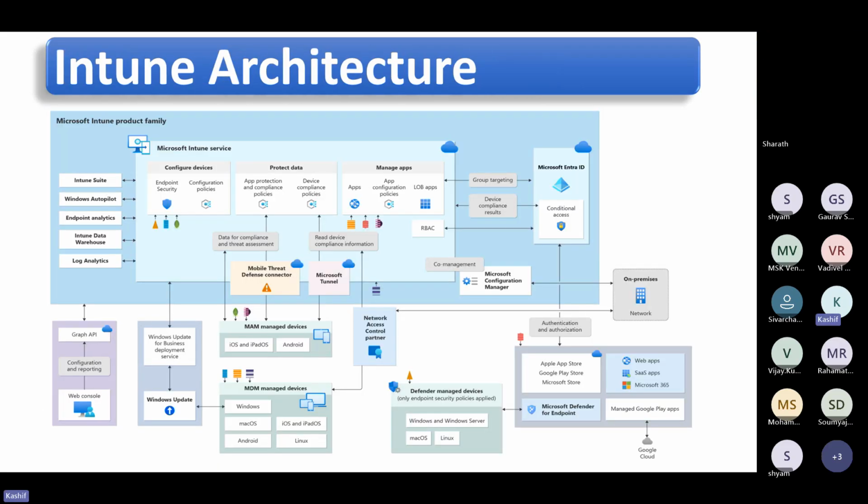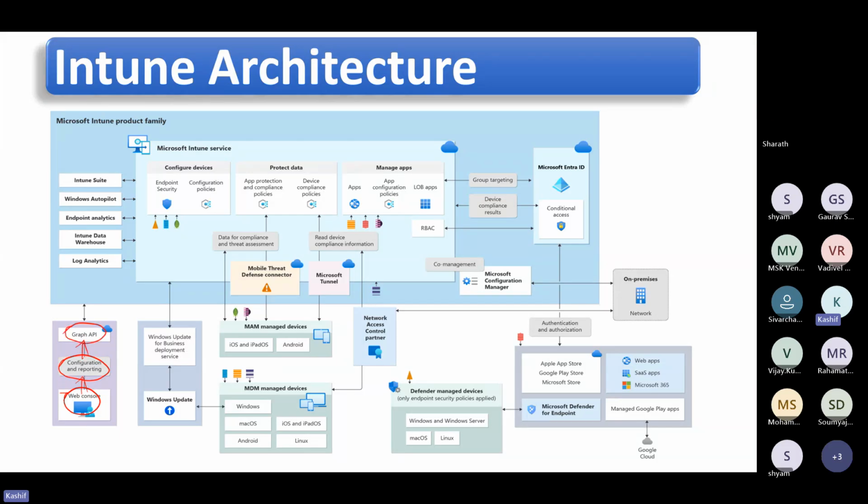Now this is the inside view, I mean the high level diagram of Microsoft Intune. When you create your subscription, right, you get web console access, the Intune access. From that, you do the configuration and reporting. Your configuration and reporting will be passed on to Graph API.